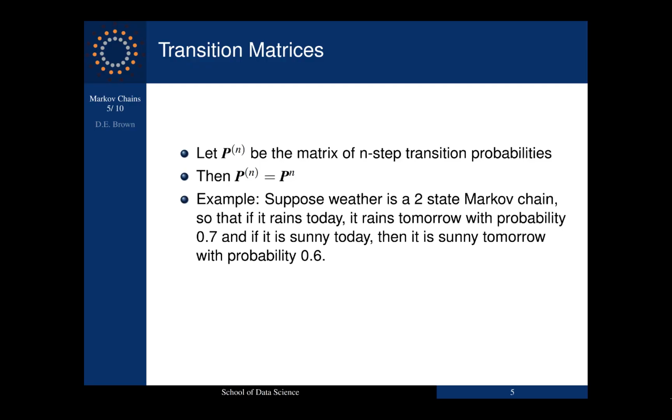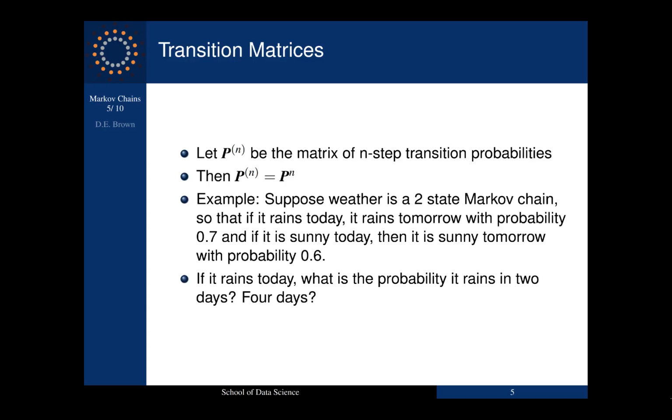So for example, let's take the case of weather. We've got a two-state Markov chain, so that if it rains today, it rains tomorrow with probability 0.7. And if it's sunny today, then it's sunny tomorrow with probability 0.6. So the question is, if it rains today, what is the probability it rains in 2 days and in 4 days?